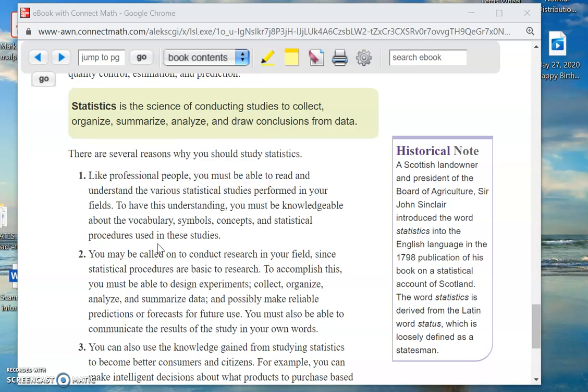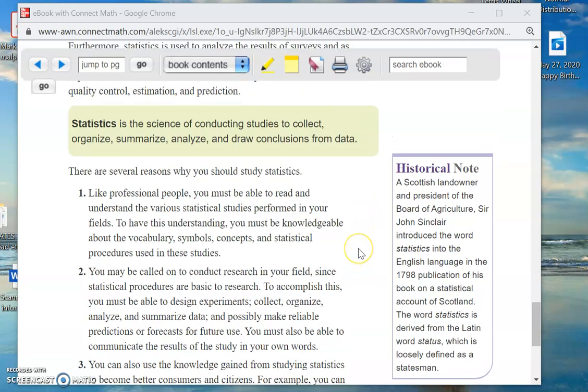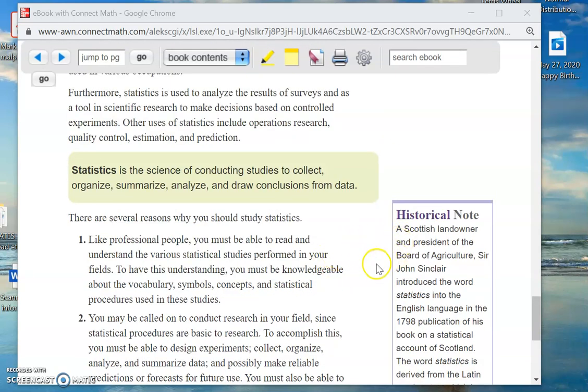We're going to talk about something being either a statistic or a parameter. That's unfortunate, right? It's unfortunate that we use the same word to mean different things, but that's just the way it is. You can tell from the context that if you're talking about the science itself, statistics is the science of conducting studies and so forth. It's a branch of mathematics that does these things, okay?